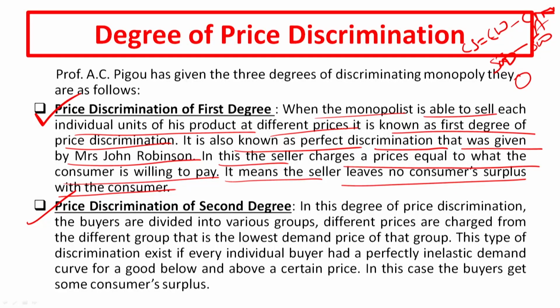In the same manner, electricity is also charged this way. There is price discrimination on electricity as well. That means the second degree of price discrimination considers the amount of quantity you are buying, and that will decide the discrimination made by the monopolist on the basis of price.